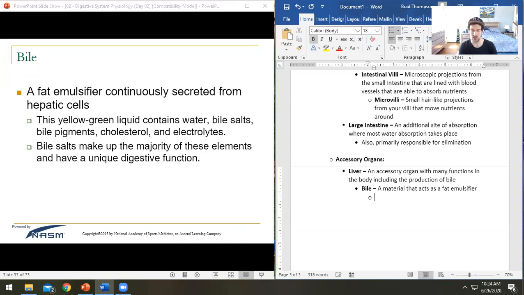So emulsifiers are able to break fatty acids down into their individual components, making them small enough for absorption.